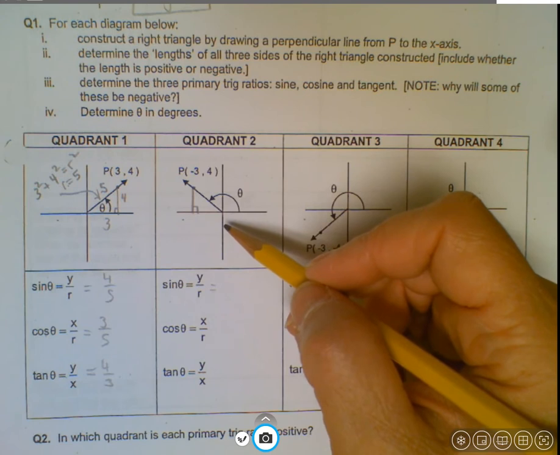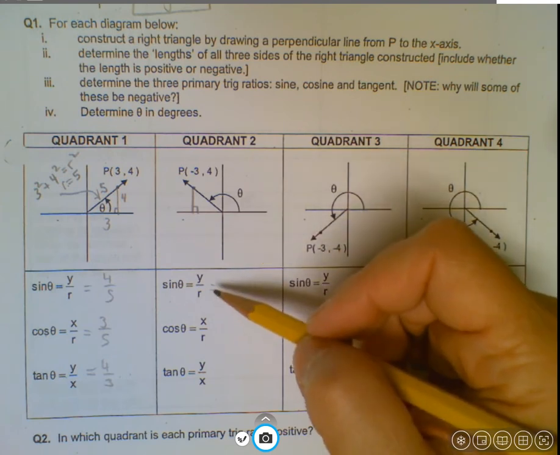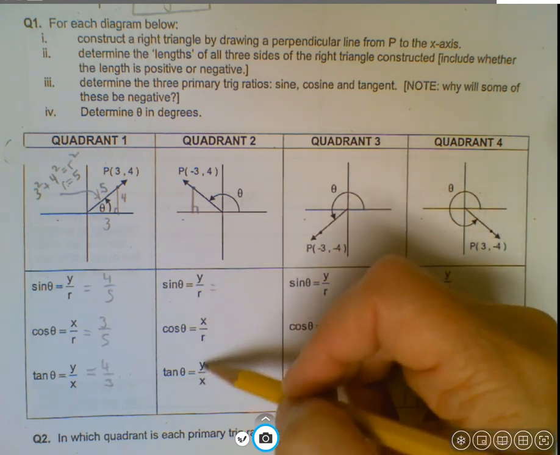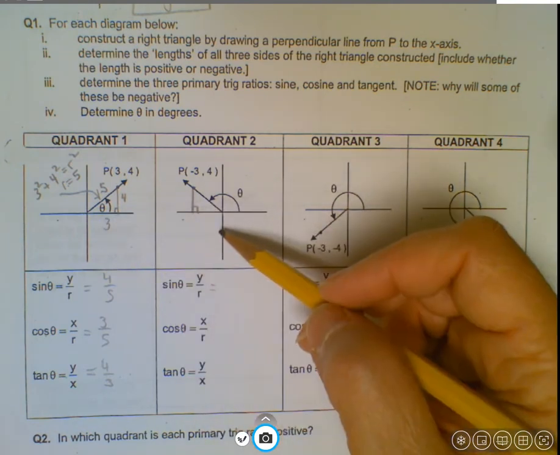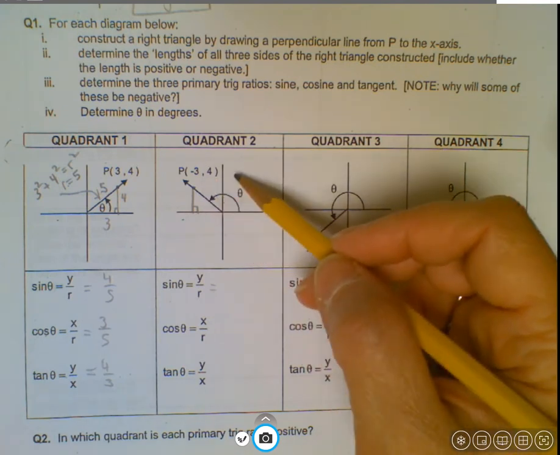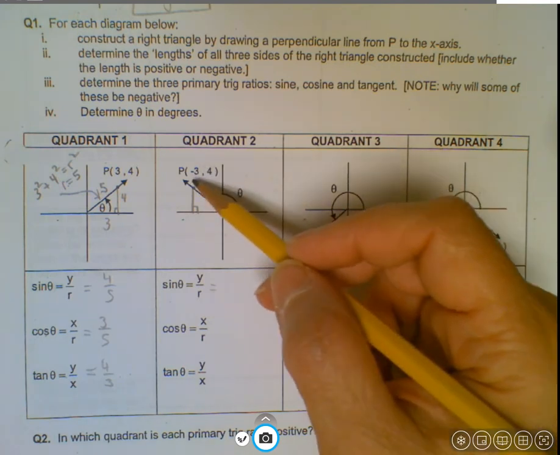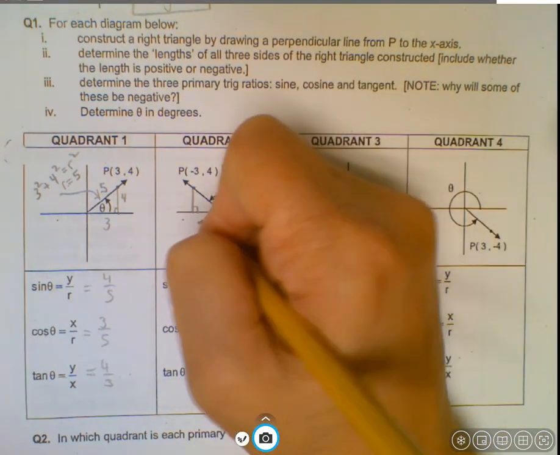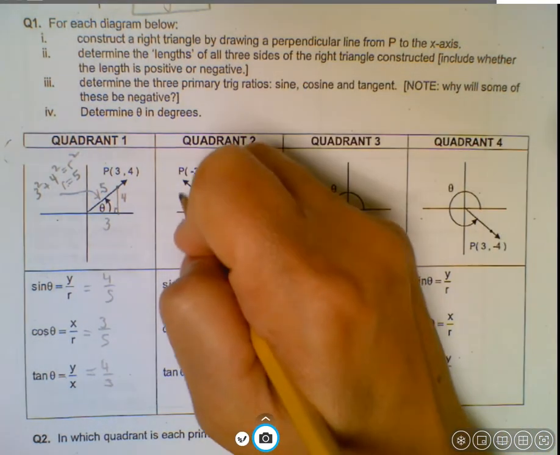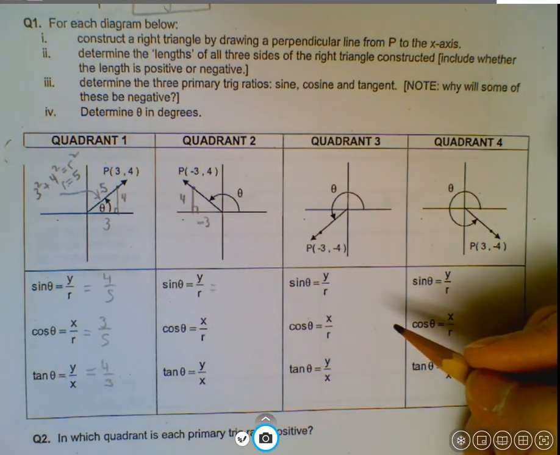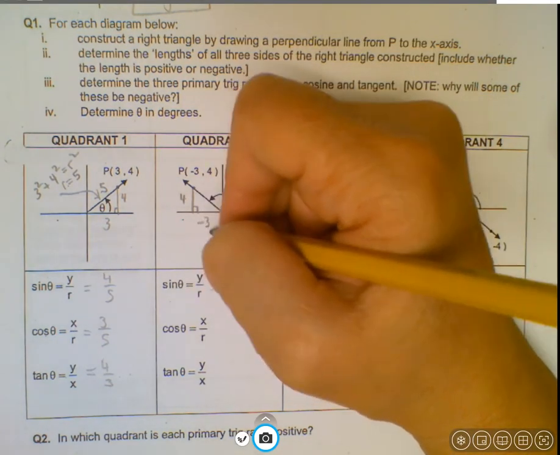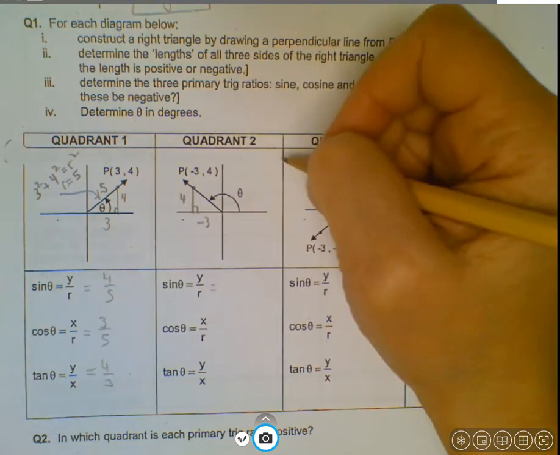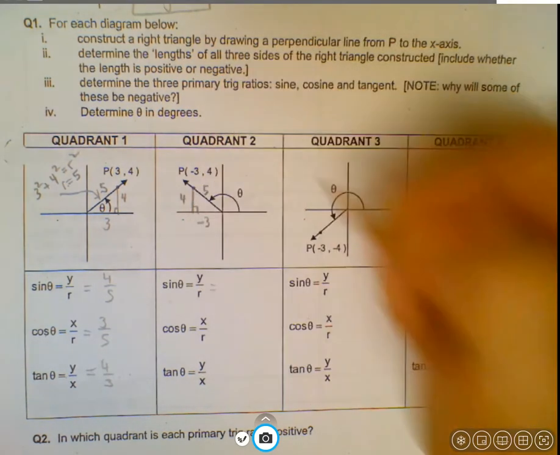It's just in a different location. So the numbers that you're going to get for the ratios are going to be exactly the same because it's the same triangle, just in a different location. What's going to be different is that because of the different location, some of these coordinates are negative. So this is -3 and this is +4. Hypotenuse is still, you square that number and square that number, you still get 25. So the hypotenuse is still going to be 5.